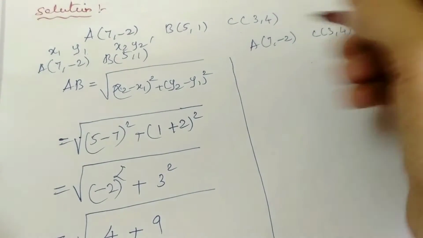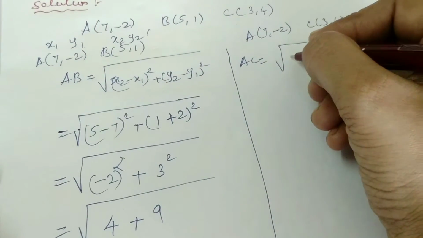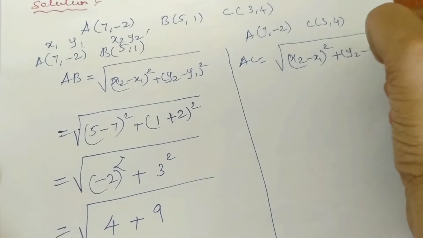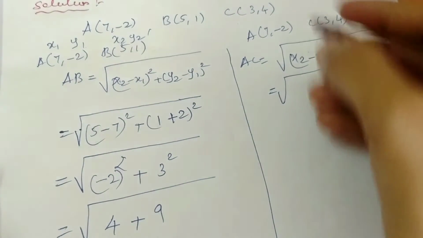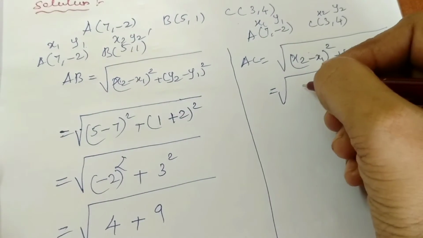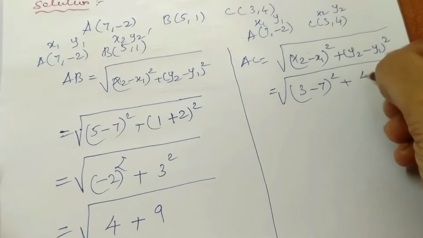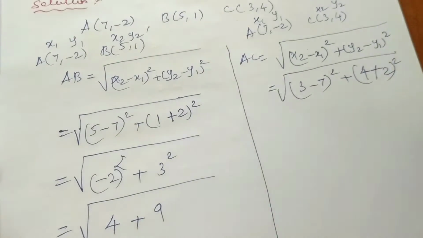Our next step is to find the distance between A and C. A is (7, -2) and C is (3, 4). Our AC distance is square root of (x2 minus x1) the whole square plus (y2 minus y1) the whole square, equal to square root of 3 minus 7 the whole square plus y2 is 4 minus of minus 2, so plus 2 the whole square.